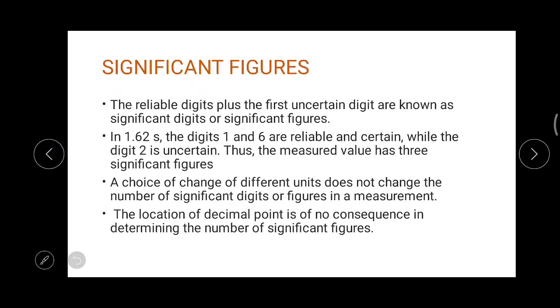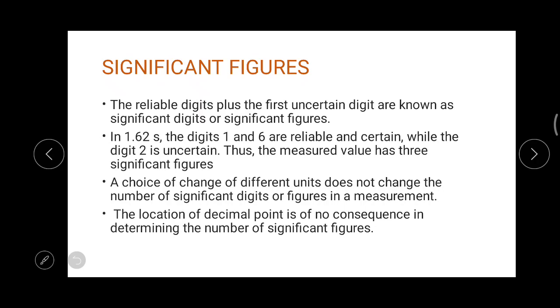Whenever you are finding out the significant figures, you have to follow some rules that we are going to discuss now. So remember that significant figures are the total of the certain numbers plus the first uncertain number. In 1.62 there are 3 significant figures.